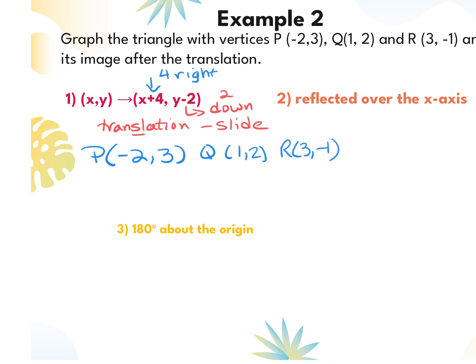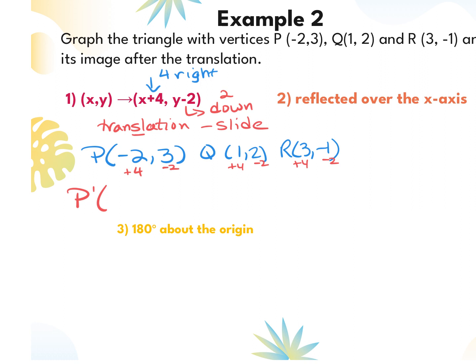So what we're going to do to each one of the x's to get our new ordered pair is add 4 to all of these x values. And then to get my new y value, I'm going to subtract 2 from all the y's. And remember, the new figure has that little apostrophe, or it's called a prime mark.